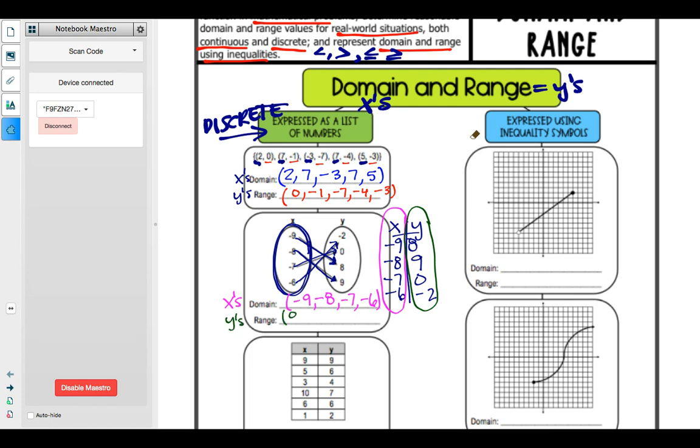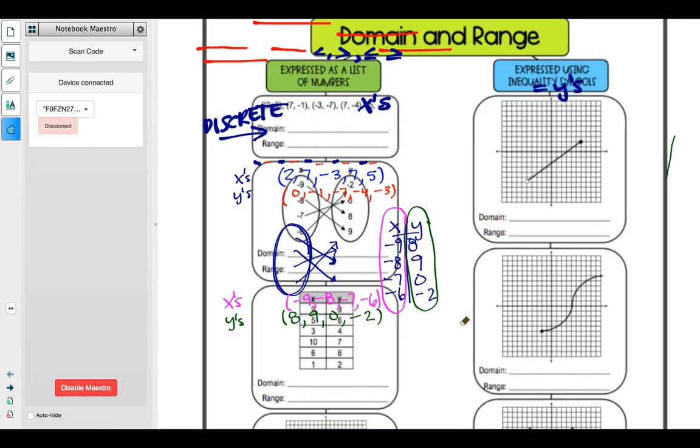And I've got 8, 9, 0, -2, and then that's it for range. Okay, so let's keep going. So the next one that you're going to see is a table.